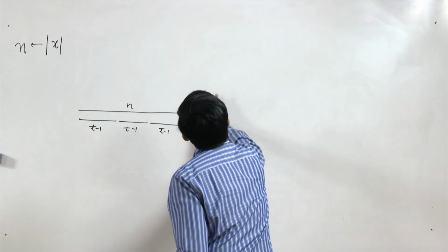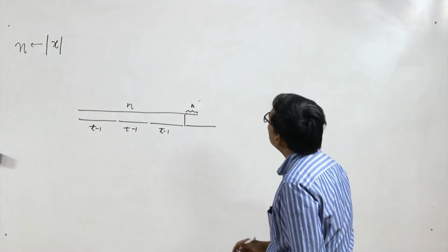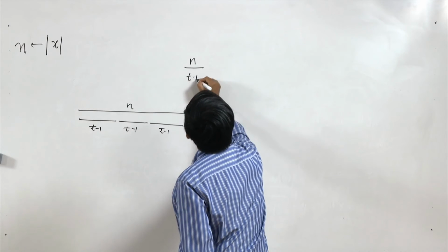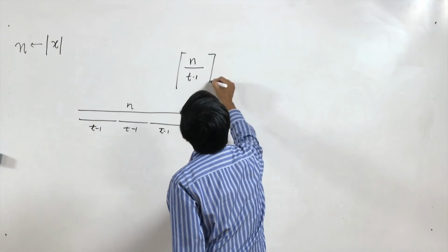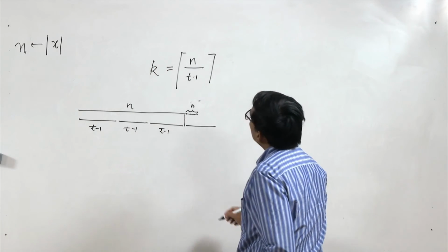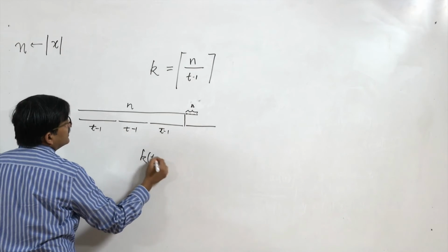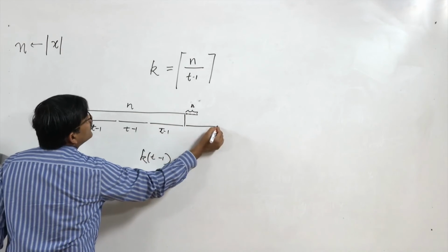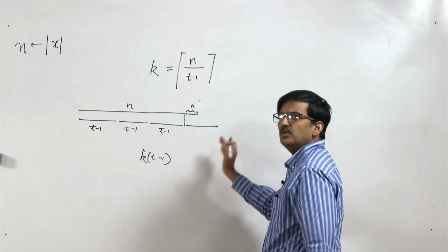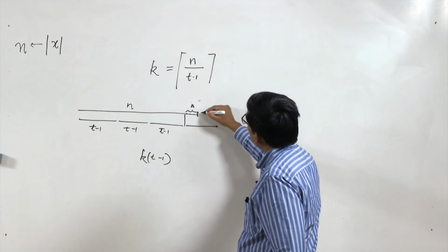Now wait a moment, let us call this a remainder, but what we are doing is that we are dividing n by t minus 1 and then taking the ceiling, and suppose this is equal to k. Then if I take k into t minus 1, I will go up to this point, I will overshoot the length of x.